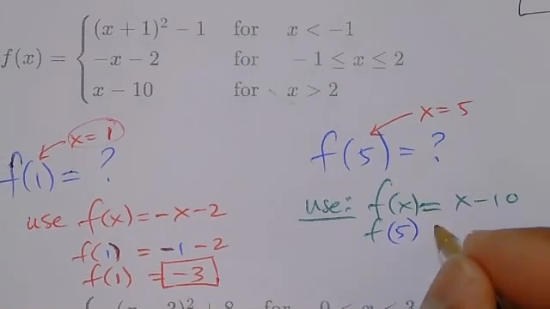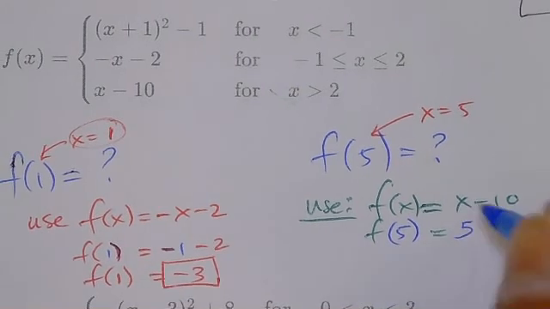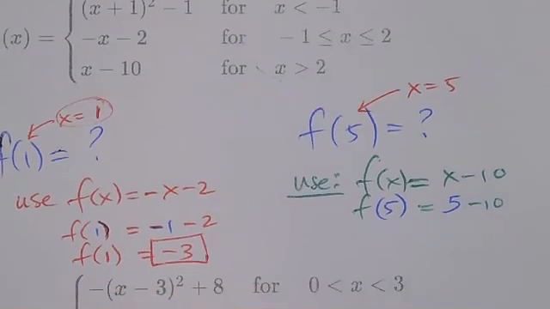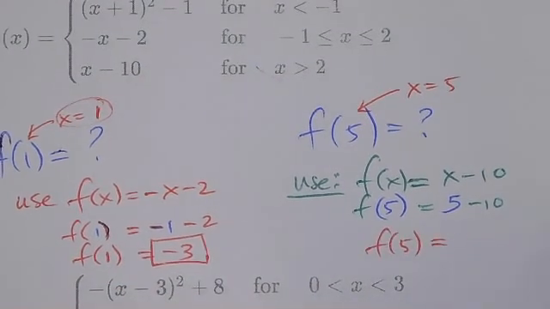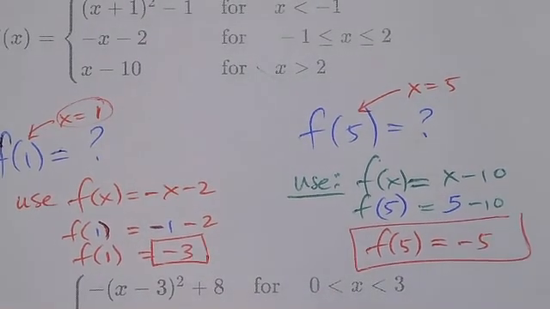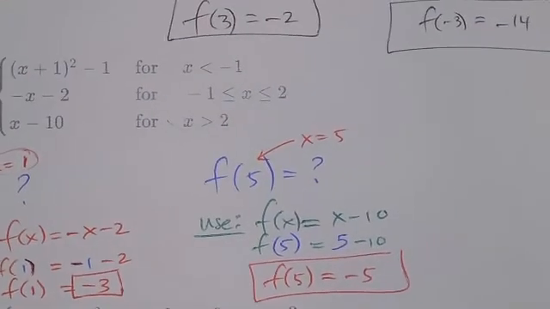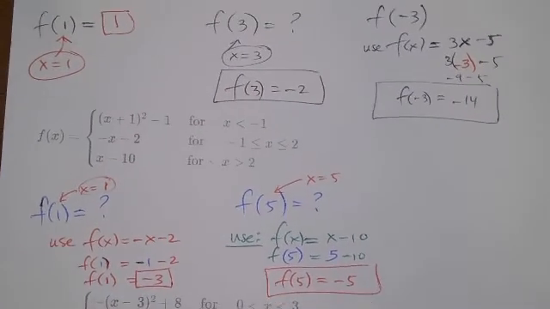So that'd be f of 5 is equal to what? 5 take away 10. Well, the answer for f of 5 is what? -5? Is that right? We got this now, how easy it is? Now that you understand it?